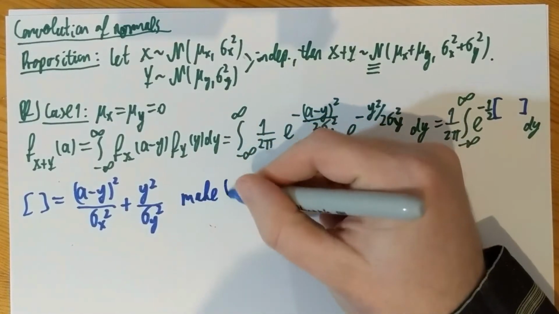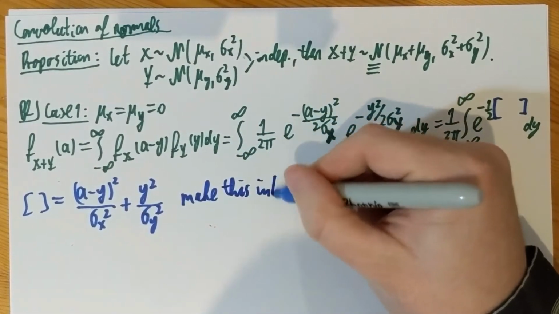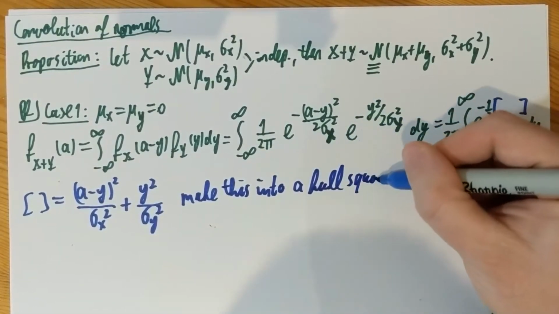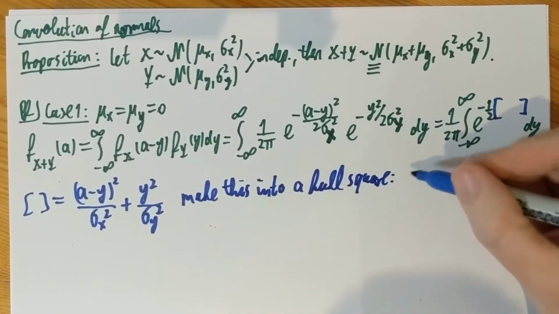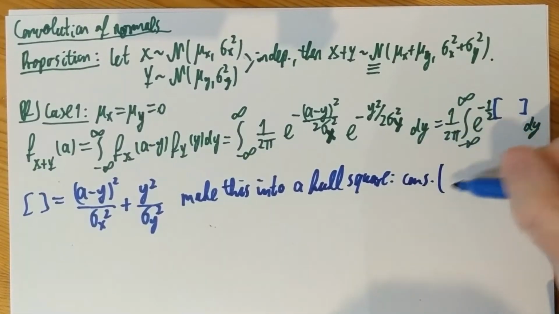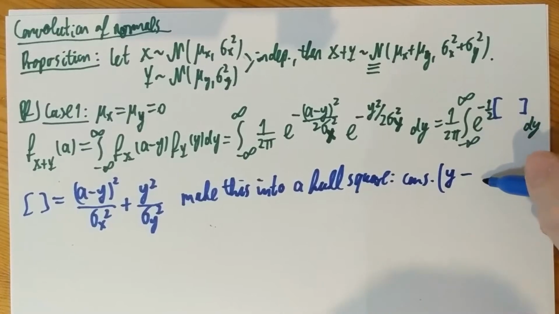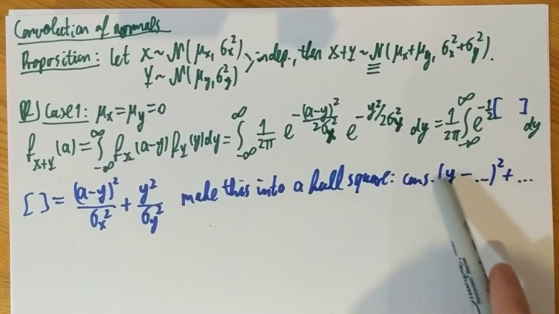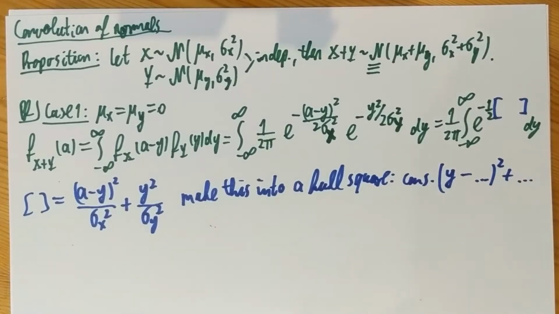We have to make this into a full square, something of the form of a constant times y minus some stuff square and possibly some other stuff, but all of the y dependence should be as y minus some non-y terms squared. Okay, that's the aim, and once we do then you see that it's quite easy to integrate out to evaluate this integral.